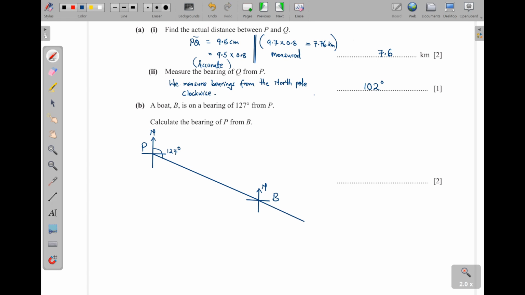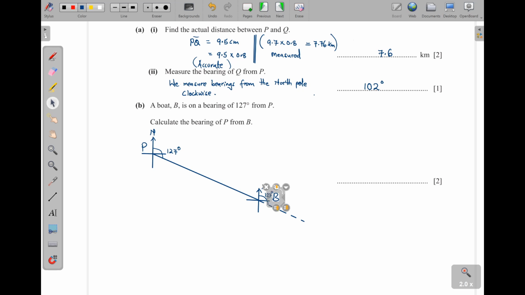When I extend it, I can make it dotted. Now, since these are parallel lines, then there is a transversal line. This angle here is equal to that angle there. That is what we call corresponding angles. So if this angle here is 127, then even this one is going to be 127 degrees.